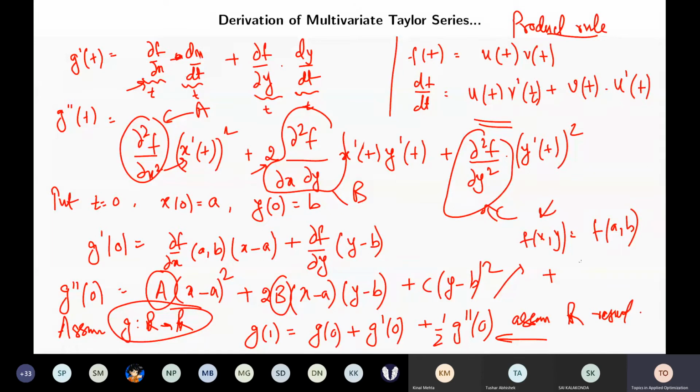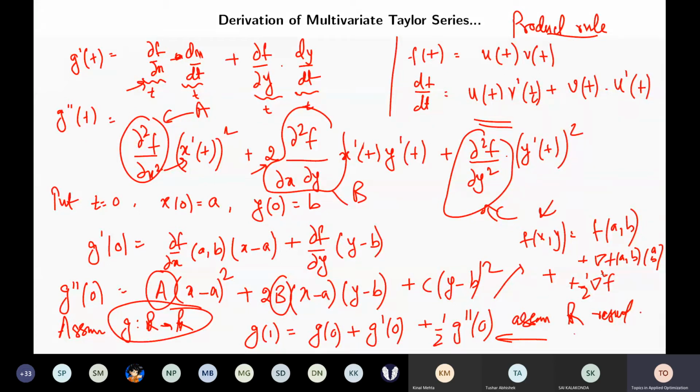So here it's a plus b plus that grad f at (a, b). Those were the terms, and then plus half of grad square f, which is the Hessian. Here I have to put a, b, and the full thing we will see shortly.